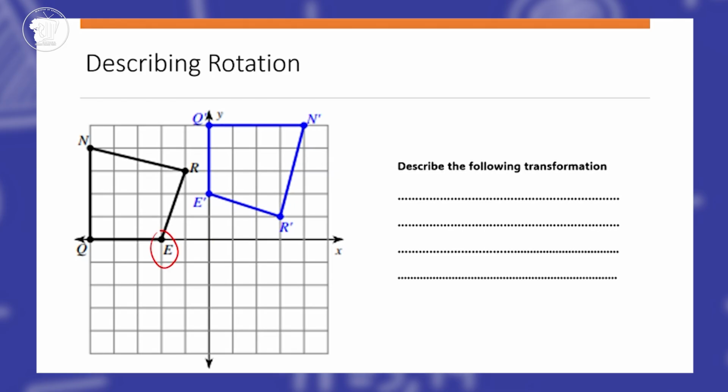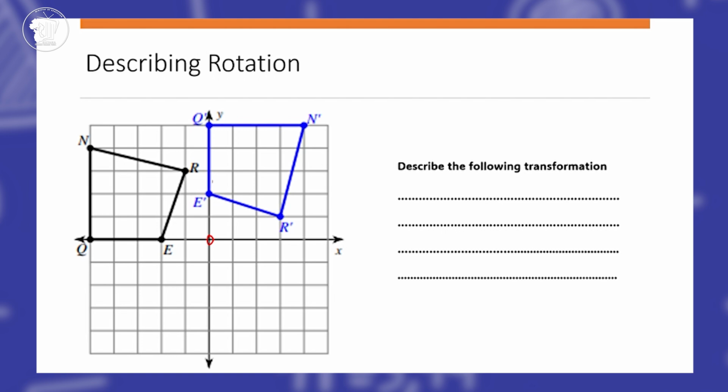What we need to do is identify two corresponding points, the object and the image of a point. So here is the object E and here is the image E. Let's look at how the shape rotated from the object to the image. We draw a line from the object towards the center of rotation, which we identify to be the origin. There's a way to find that, which I'll do in a subsequent video.